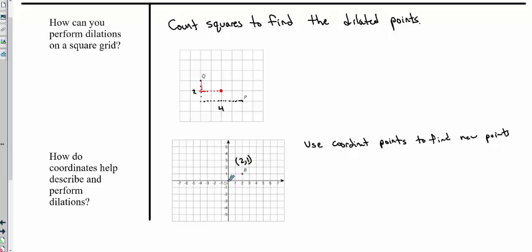So if I go over 2, up 1, I do that 3 times. So over 2, up 1, over 2, up 1, over 2, up 1. I could count, right? That's perfectly fine to find B prime.